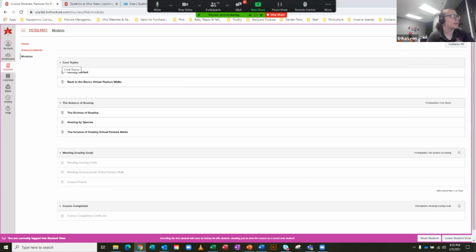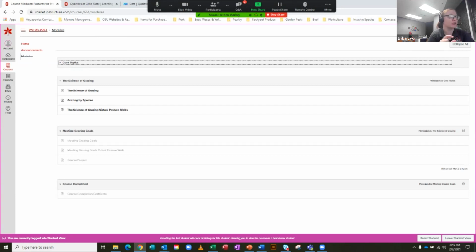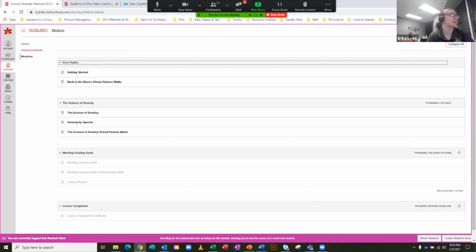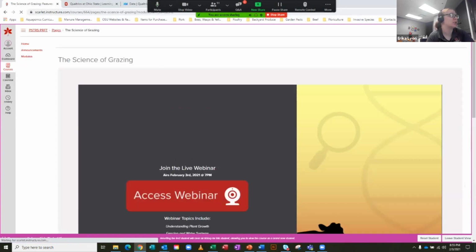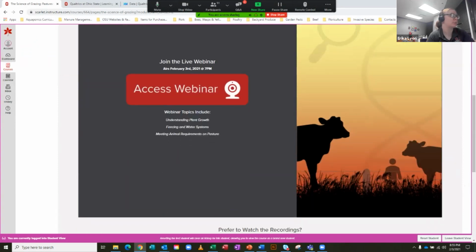One thing I realized that might be confusing is these little arrows. Your modules might initially be collapsed, so you might have to uncollapse them to actually see the pages. We should now be able to see the Science of Grazing. If you click on the first page there, starting hopefully soon, this page will start having the recordings on it.